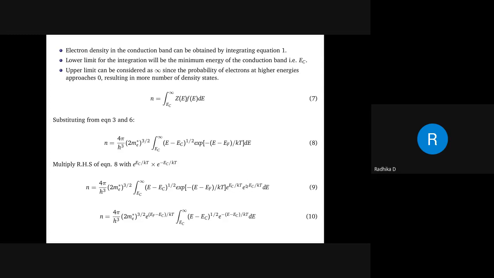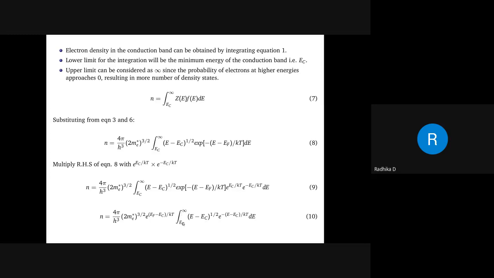And this term with minus Ec by kT, that also I am taking out. If I combine those two, I can write it as e to the power of (Ef minus Ec) by kT. So all these are basic maths in rearrangement, so it should not be that difficult. The only important point is you should remember this multiplication.